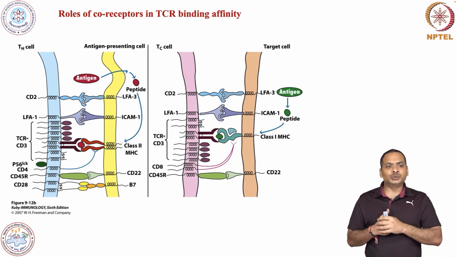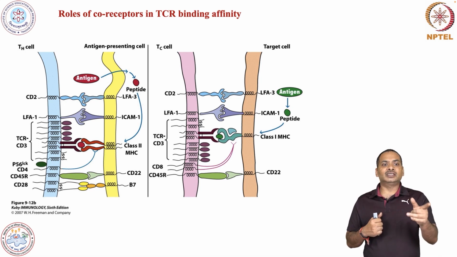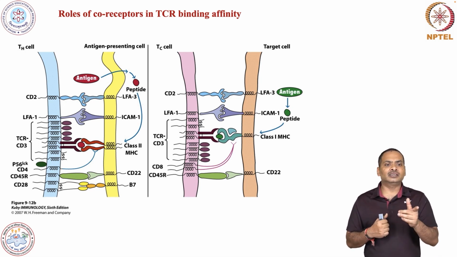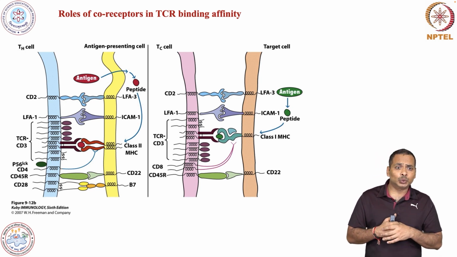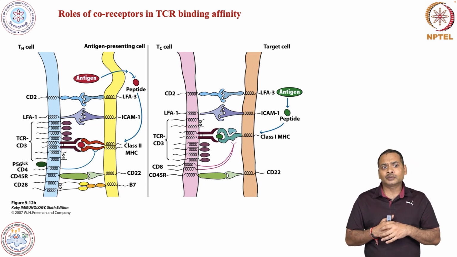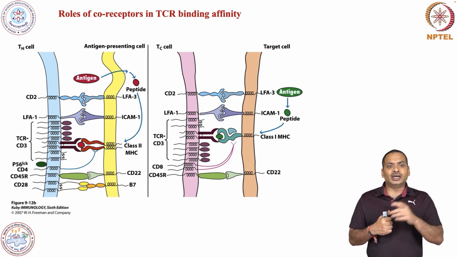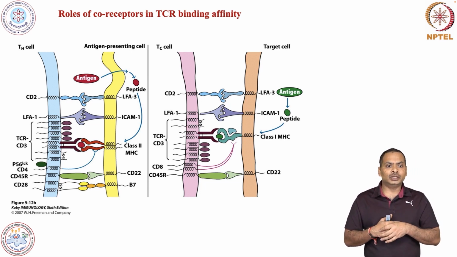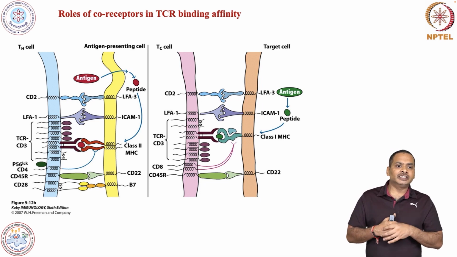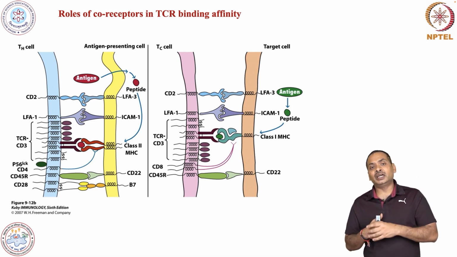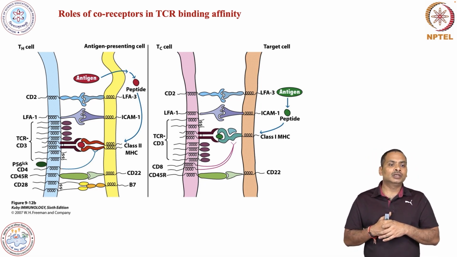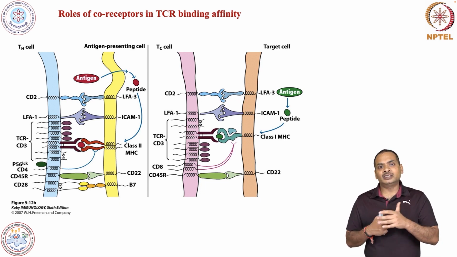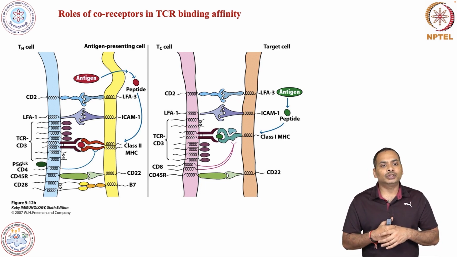And in addition to these, there is another interaction, like the interaction between CD2 and LFA3, LFA1 and ICAM1 molecule, and there is CD45R which is interacting with CD22, CD28 interacting with B7 molecule.